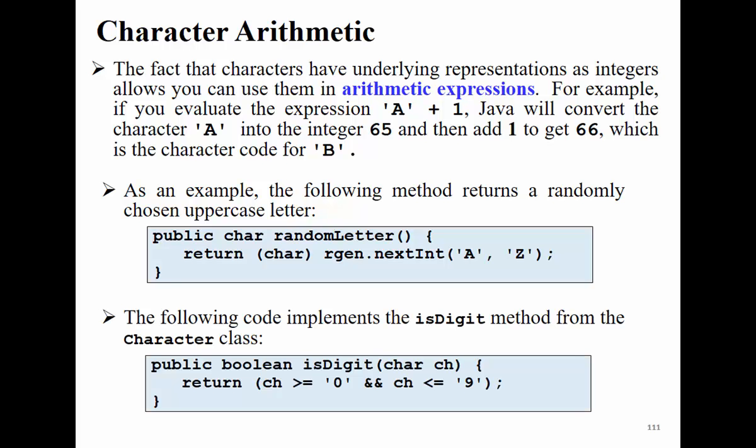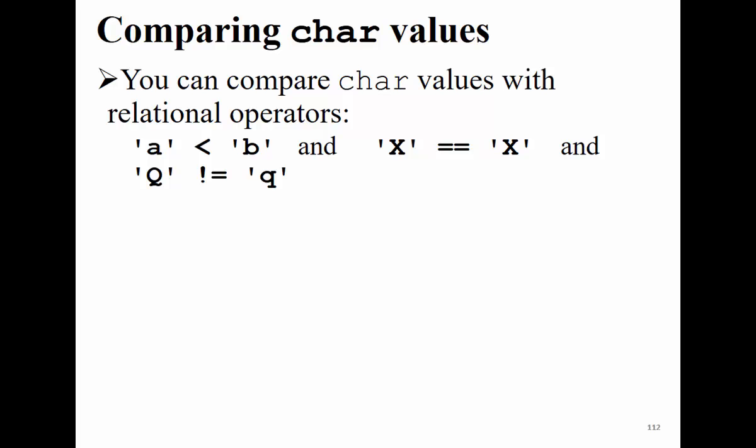Now, I can ask if the character is a digit by re-implementing this: if the character is greater than or equal to '0' and less than or equal to '9', as a character, not as a value. Whenever it comes to comparing character values, we can use greater than, equal, less than or equal, because we are comparing a primitive type.